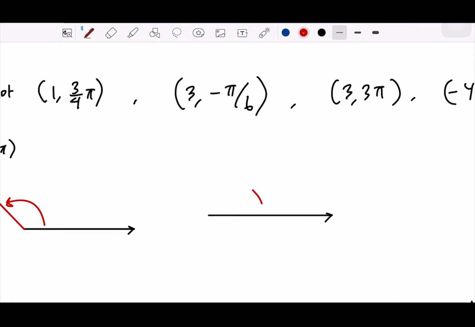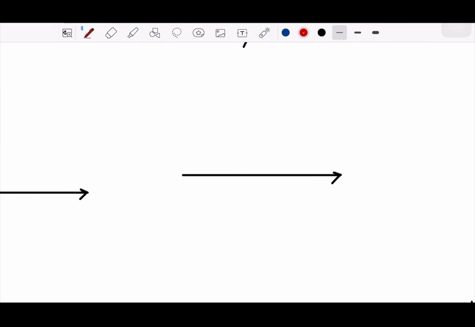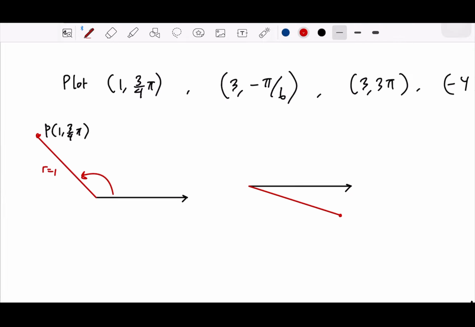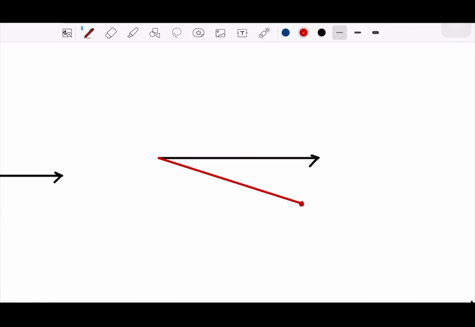So rather than moving from here to here, we are moving to here, maybe around this angle. It's not really proportional, but let's just say this r is 3, and this P is (3, minus pi over 6).